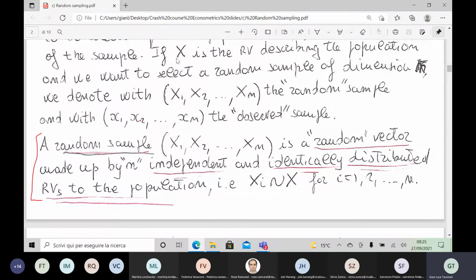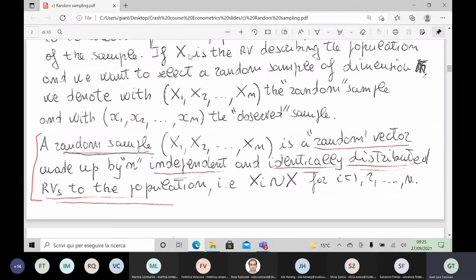So suppose you want to select a sample from this population, from the variable X. This is a random sample, and the random variable X1 represents the gender of the first element of the sample you are going to select. If you select it randomly from the population, which are the possible values that the gender can assume?